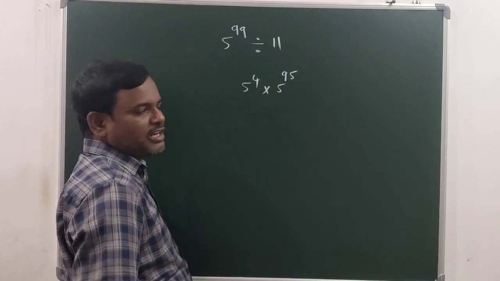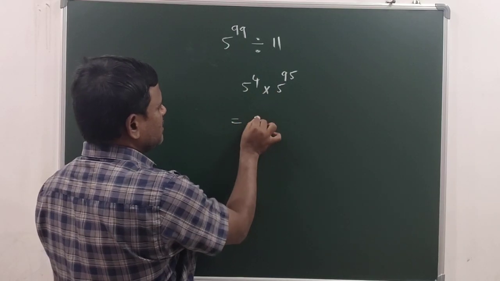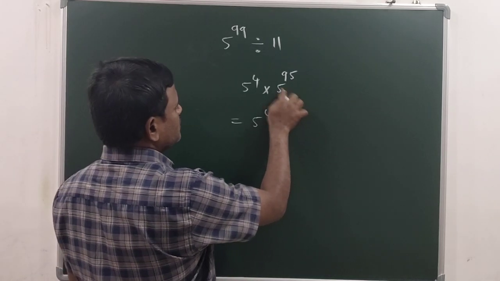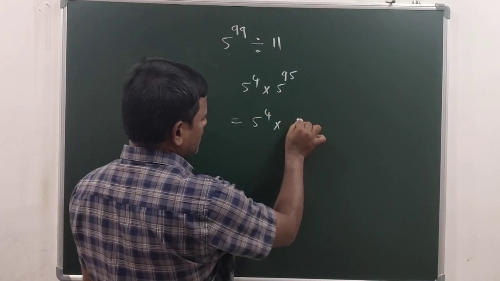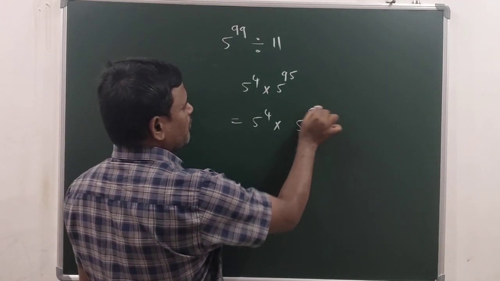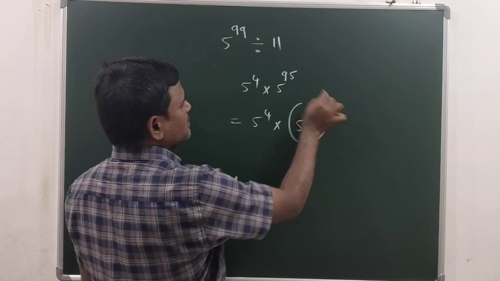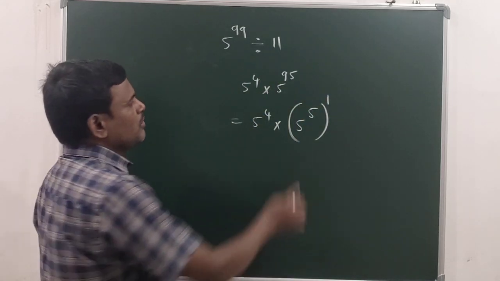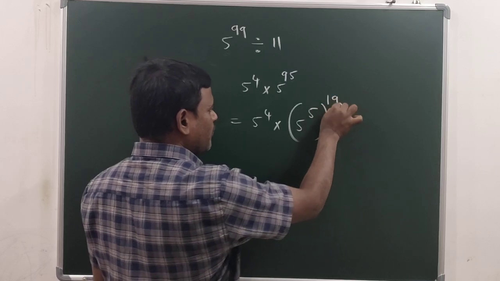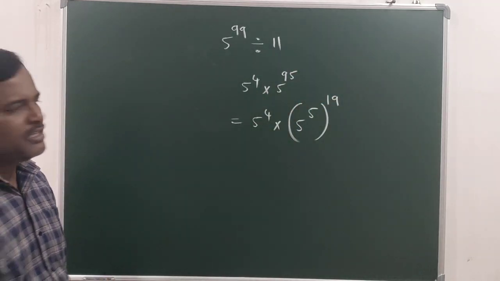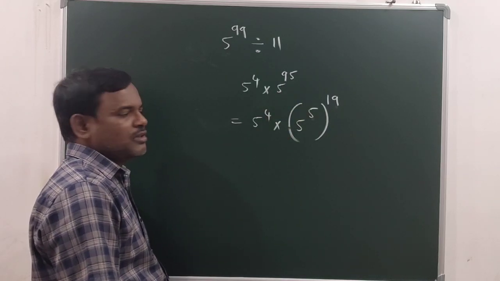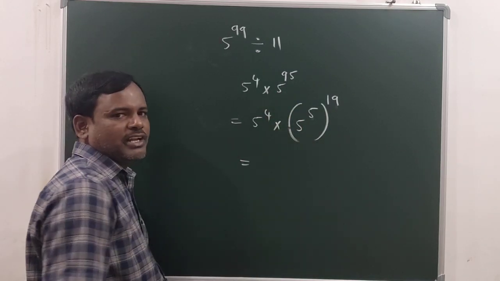In the next step, I am going to write this as 5 power 4 into (5 power 5) whole power 19, since 5 times 19 is 95. Shall we write like this? (a power m) whole power n equals a power mn. See, why I have written this, you will come to know in the next step.